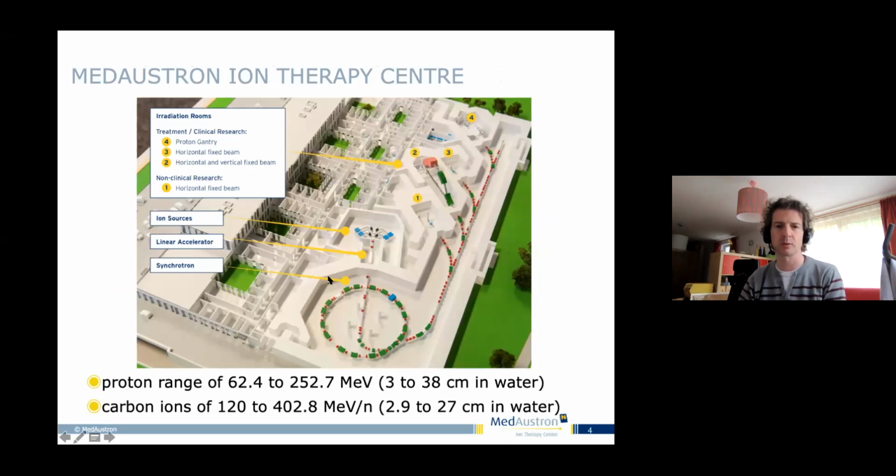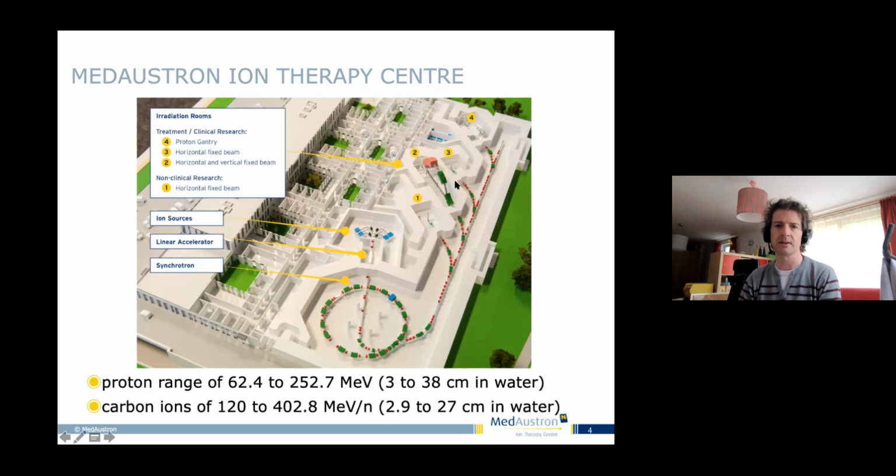You might know, of course, that we are a dual particle facility providing protons and carbon ions, with energies similar to what Marco presented before: protons translating into 3 to 38 centimeters in water, as well as carbon ions translating into 3 to 27 centimeters of penetration depth in water, in 3 clinical rooms and 1 related research room, which is equipped similarly to the treatment rooms.